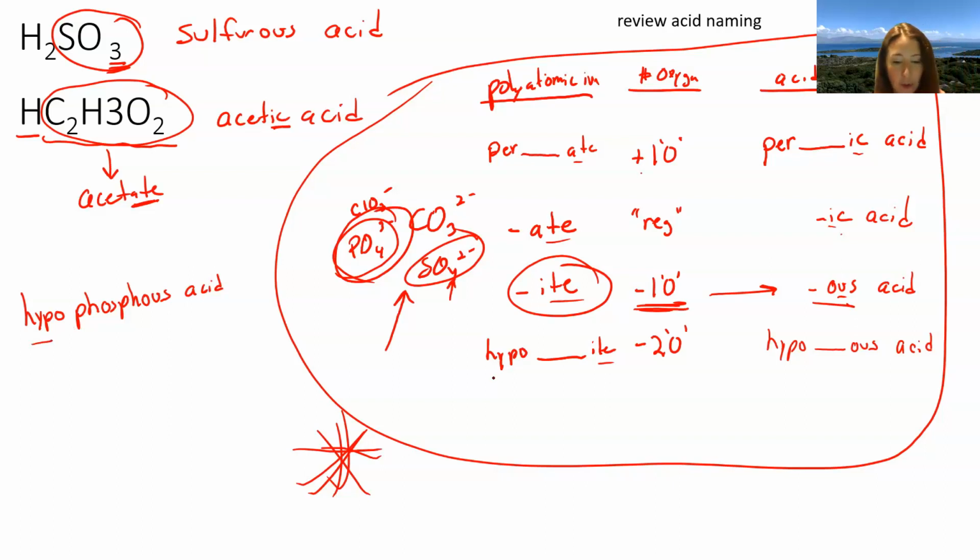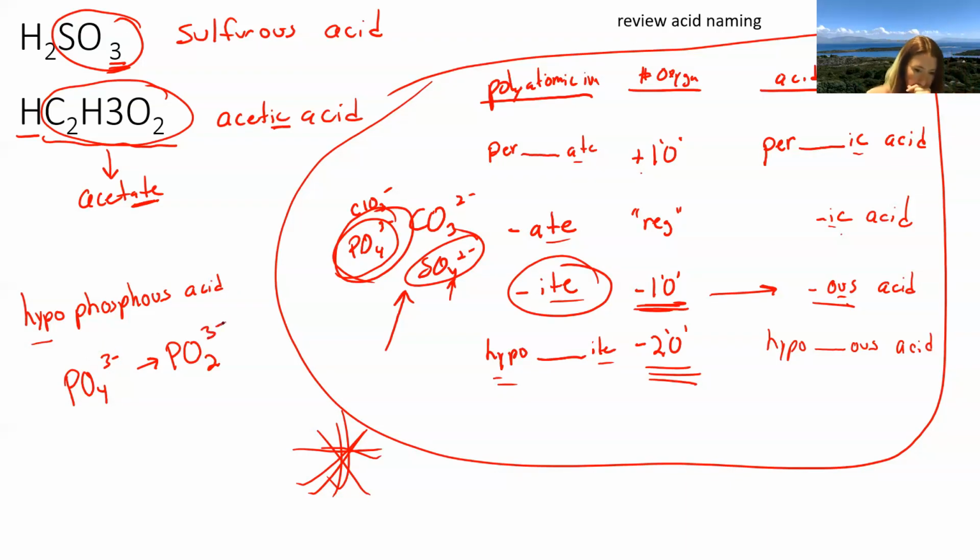Hypo means lost 2 oxygens. So phosphate is PO4 3-, hypo means I lost 2, PO2 3-. Remember, charges never change, right? So -3, -3, never changes.